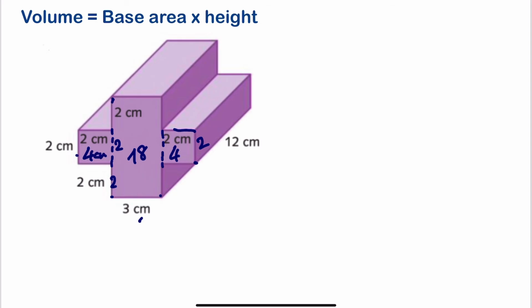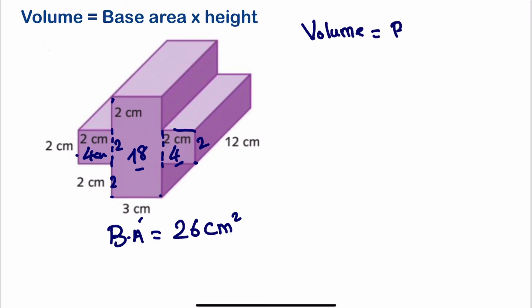So if we add the base area, we are going to have 18 plus 4, that will give us 22, plus 4 will give us 26. So our base area is equal to 26 centimeters square. So with this we can calculate the volume. So the volume itself is equal to base area times the height.